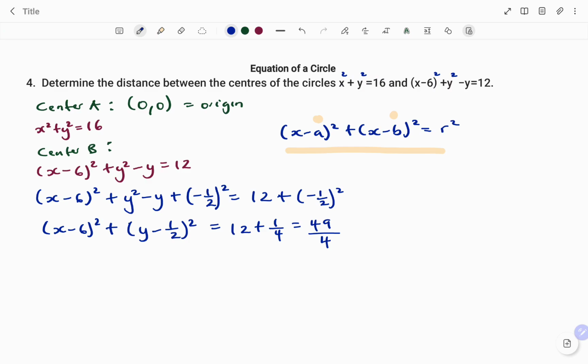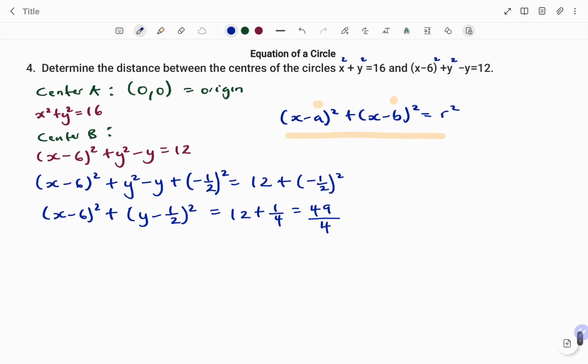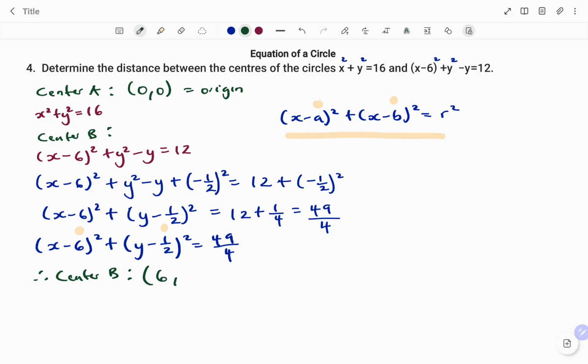So if I write that to resemble the standard equation, it will be x minus 6 all squared plus y minus 1 over 2 all squared equals 49 over 4. So the center will now be a and b. Therefore, center B will be coordinates 6 and 1 over 2, as shown.